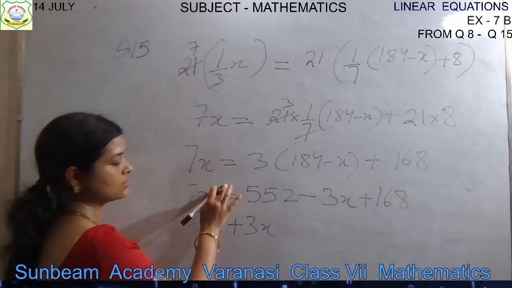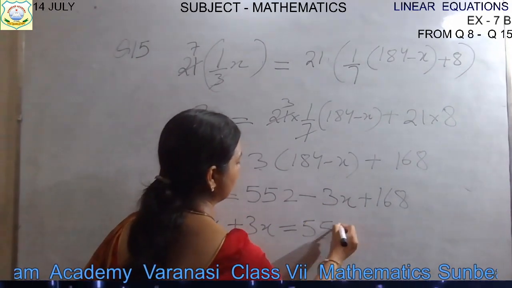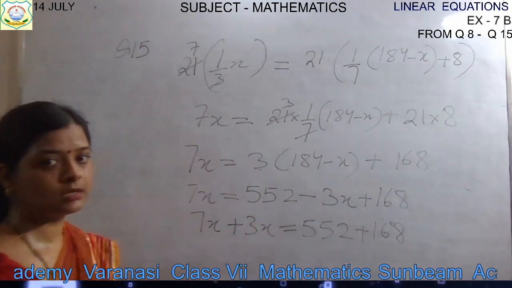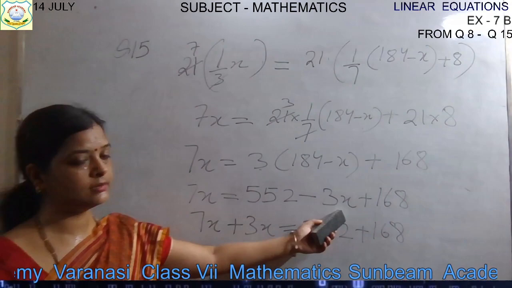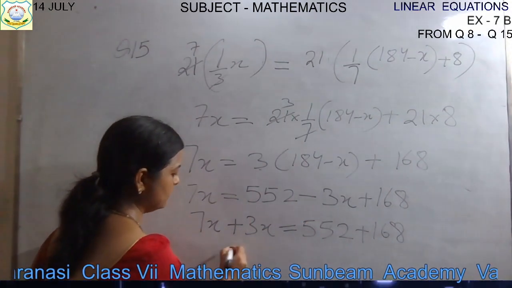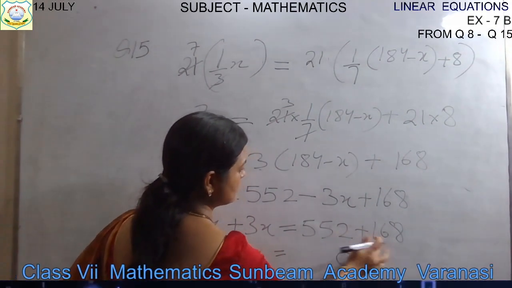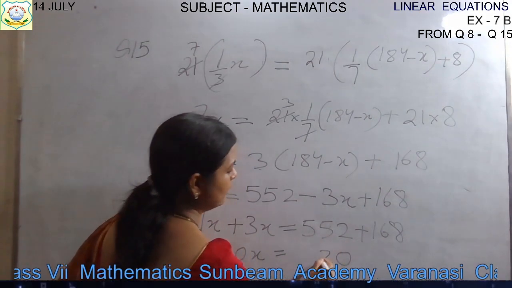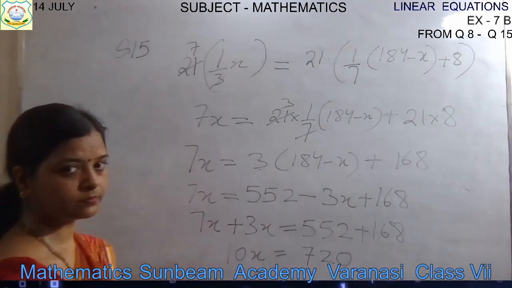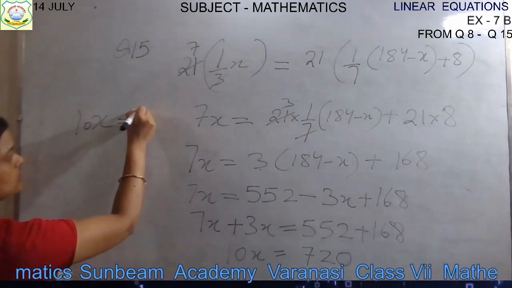This minus 3x transpose to LHS, it will become plus 3x, is equal to 552 plus 168. 7 plus 3x, this will be 10x, is equal to, just add them, children. 0, 6 plus 5 11 plus 1 12, and 5 plus 1 6, and 1 7, 720. Now next step, 10x is equal to 720.